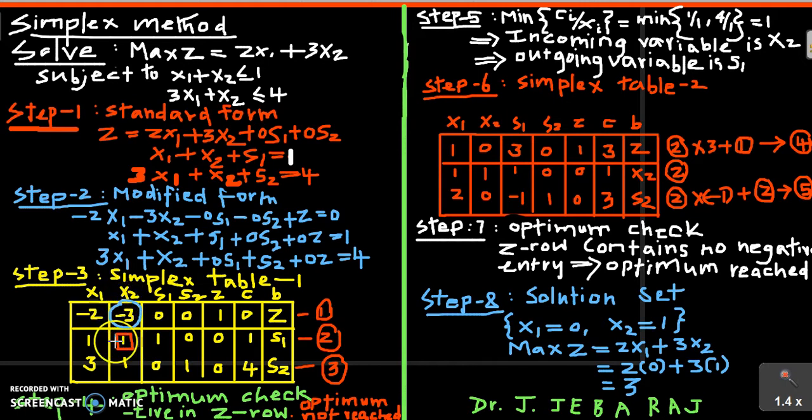Similarly, multiply this by 3, add with this, you will get 1. Multiply this by 3, add with this, you will get 3. Like that, we get new equations, that is equation number 4.